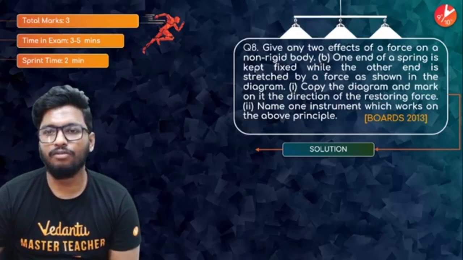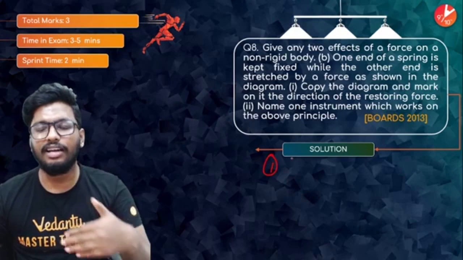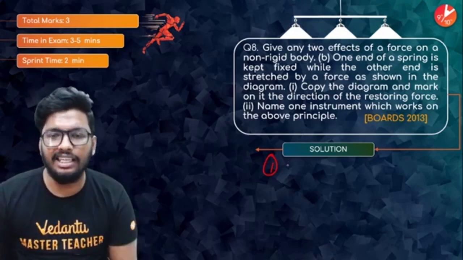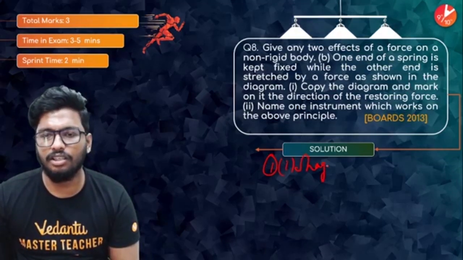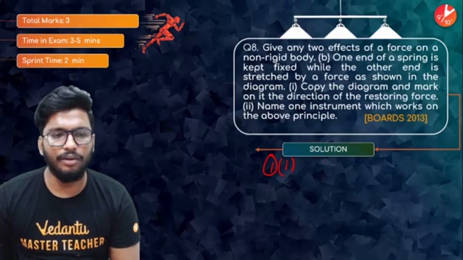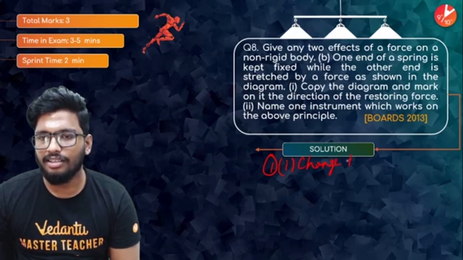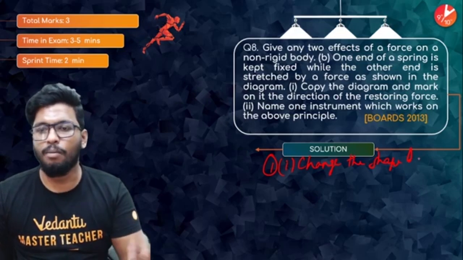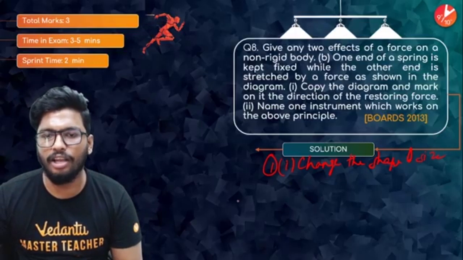Give any two effects of a force on a non-rigid body. So what are the changes that force can bring about? First of all, I can say that it can change the shape and size, because when you apply force to a non-rigid body, it can change the shape and size of that particular body.